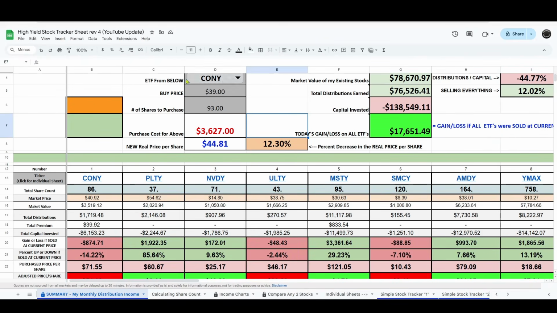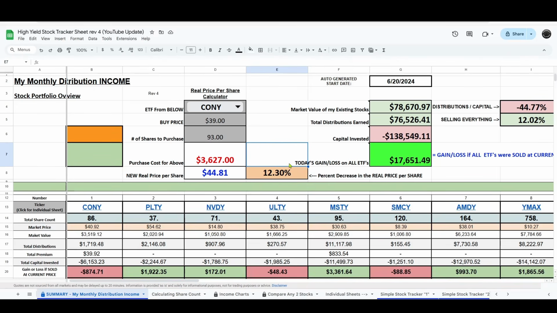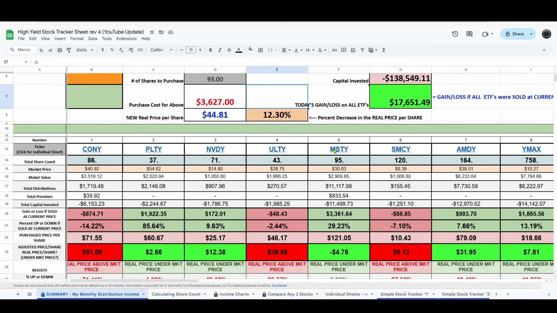So that's just a nice little adder right there. It's a really neat way just to give you a preview of what it could be if you did purchase shares at a certain price and a certain number of shares, what that new real price per share would be.